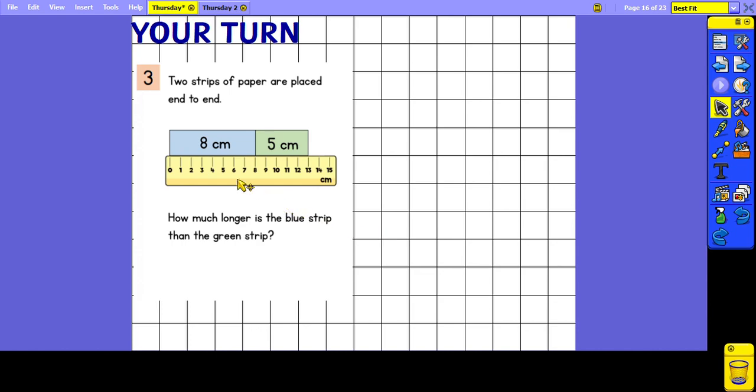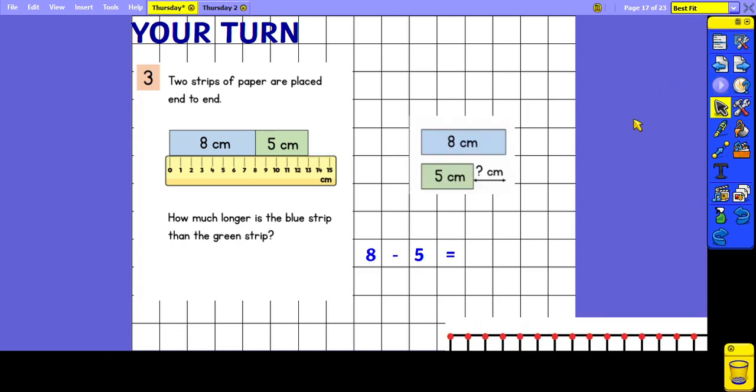This time we've been told that the blue strip has a length of 8 centimetres and the green strip has a length of 5 centimetres. Again, we're going to find out the difference. So we're going to do 8 take away 5.